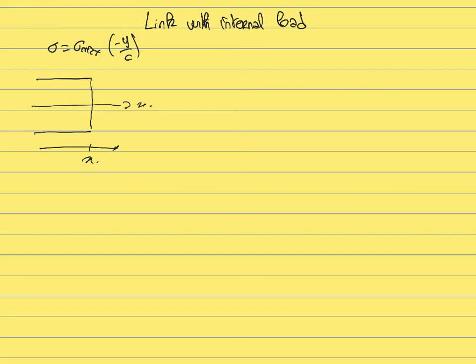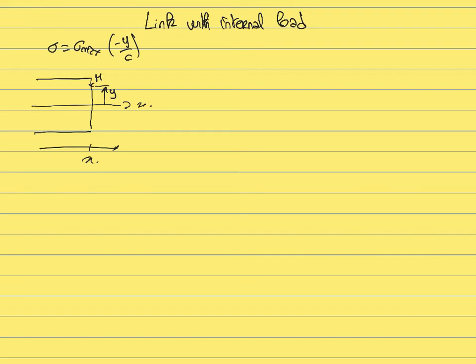So we know that at each point M within this beam, if the distance of the point M with respect to the x-axis is y, then I can calculate the value of the stress, and the stress is a linear function of y. When y equals 0, then the stress is 0.